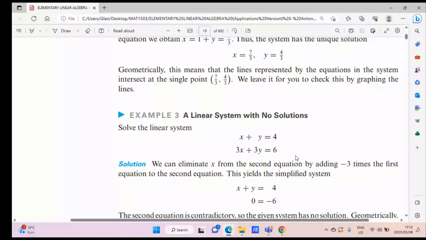When we write this system of equations in matrix form, we will have 1, 1, 4 in the first row. In the second row, we will have 3, 3, 6.